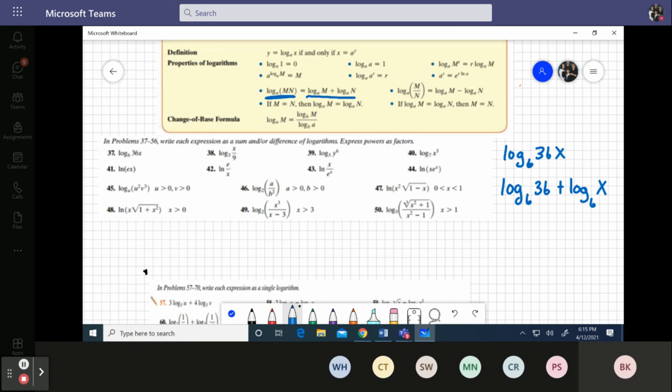Now we already know we've done this, so I have log base 6 of 6 to the second, which gives me 2.